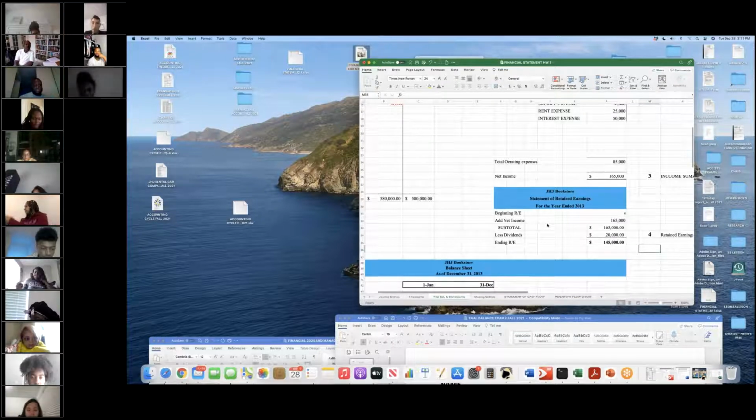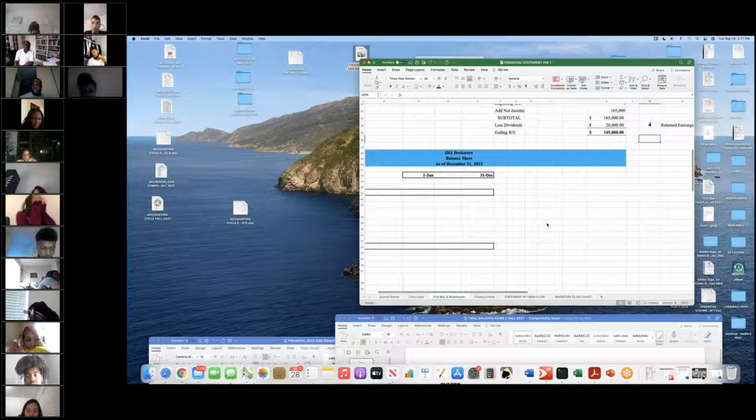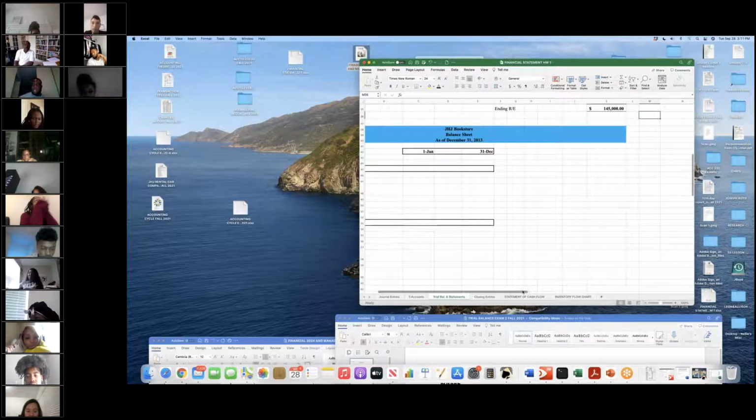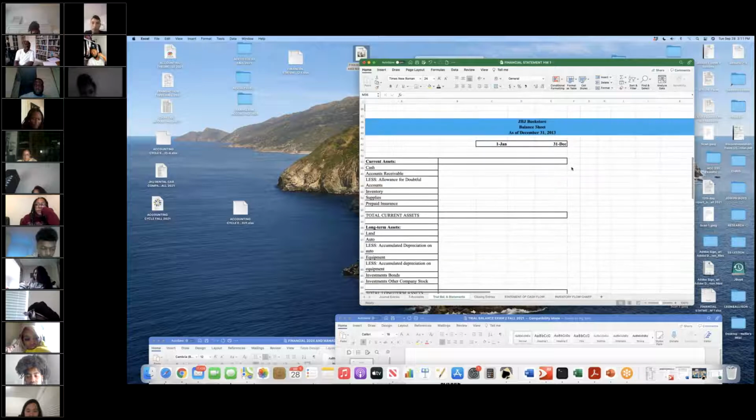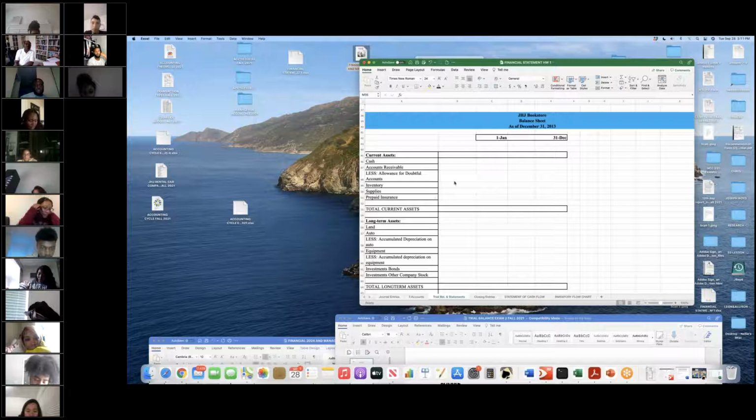Now we want to do a balance sheet. What I did with the balance sheet, we're doing it December 31st, but I pulled in that chart of accounts in detail.